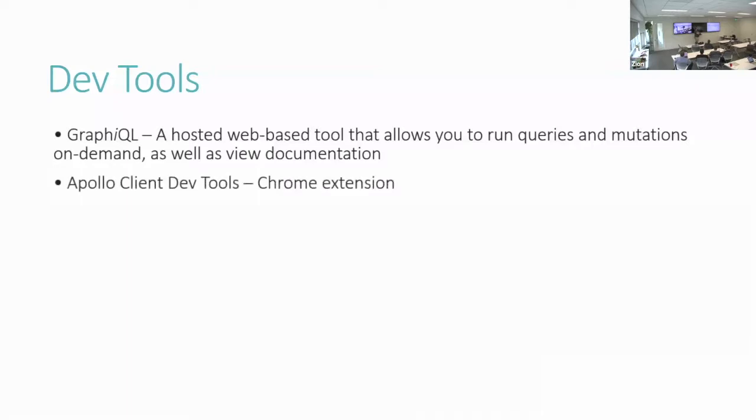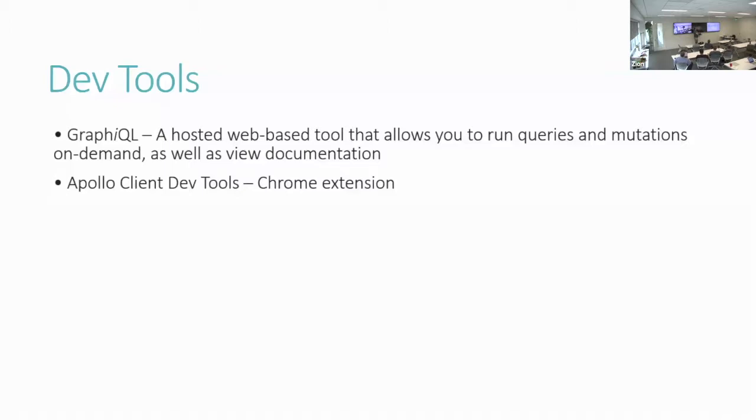Apollo Client DevTools. This is a Chrome extension, and it basically is GraphQL, but in your Chrome DevTools. The way it works is you authenticate to your website that uses GraphQL, and then pop open your Chrome DevTools, and there's an Apollo tab, and you can view your documentation and run queries using the instance of GraphQL that's inside the DevTools.